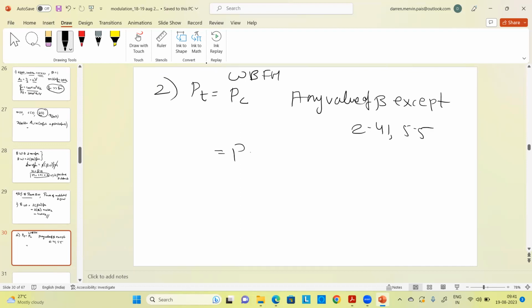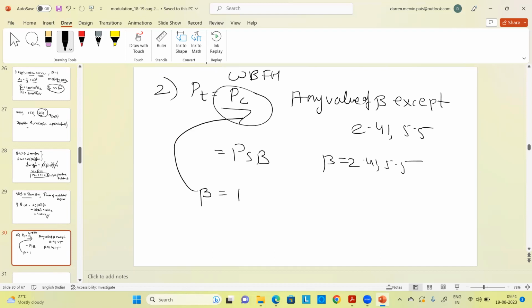And it will be equal to PSB for beta equal to 2.41 and 5.5. Right? Now, what is my beta value over here? 1. So I can use this formula.